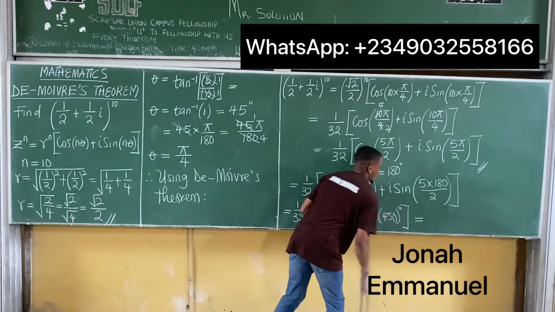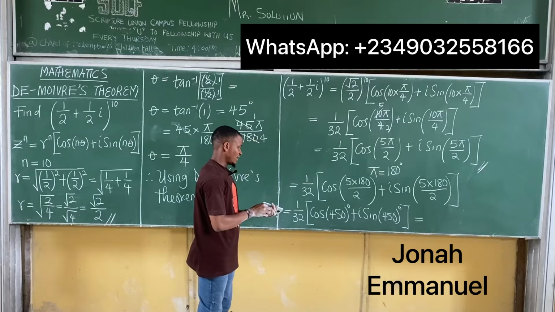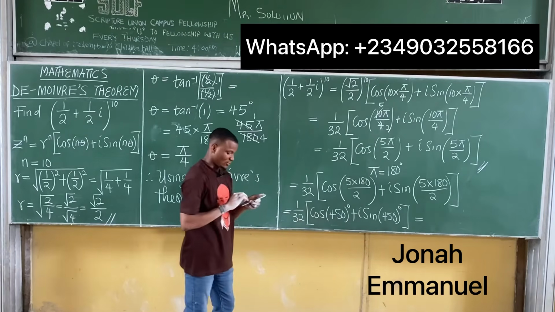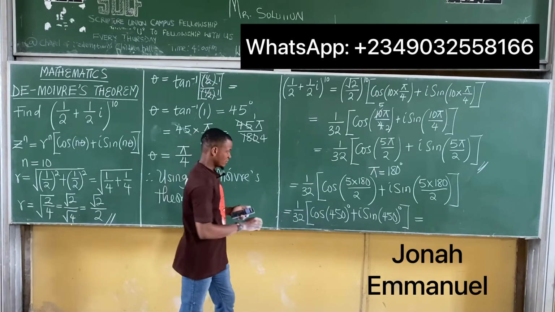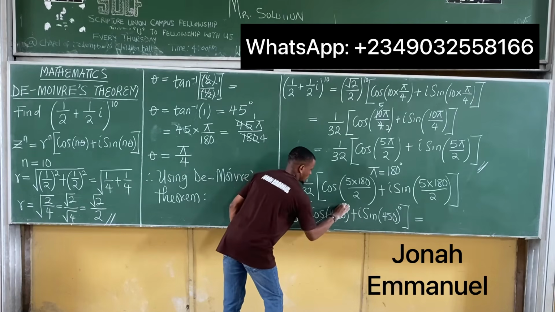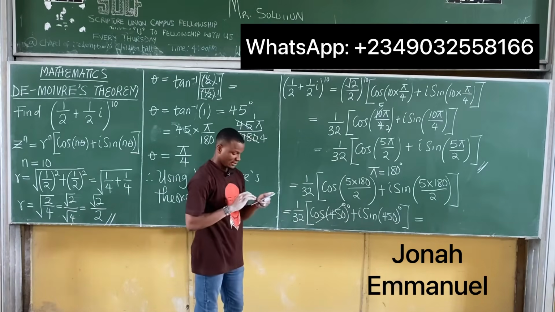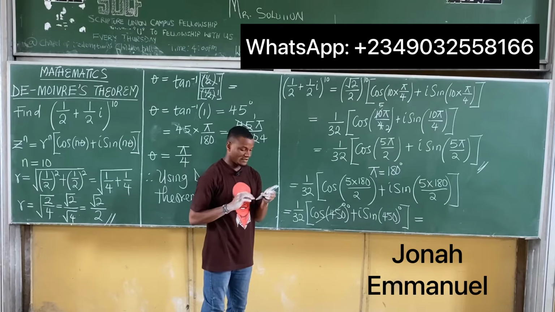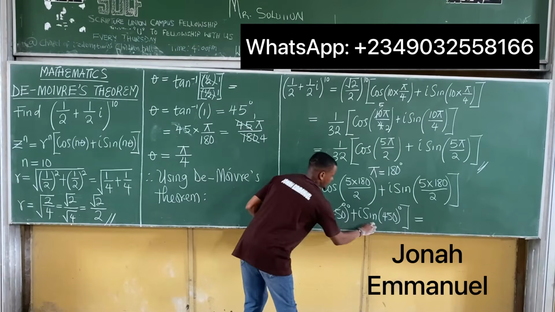If you punch cos 450 in the calculator in degrees, this gives you 0. Sine 450 gives 1.